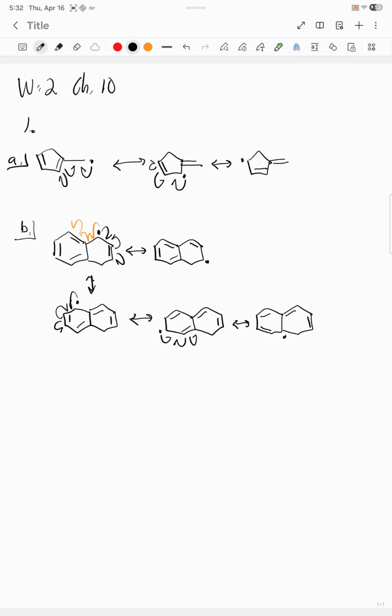Let's check the answer key. The answer key shows 3, 4, 5, 2, 3. Yeah, this is correct.